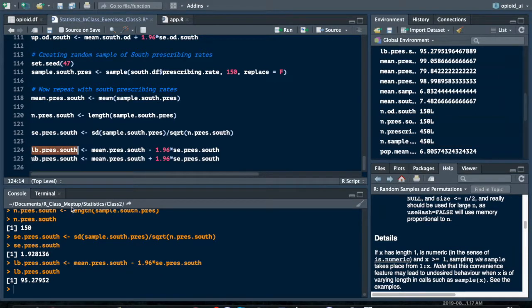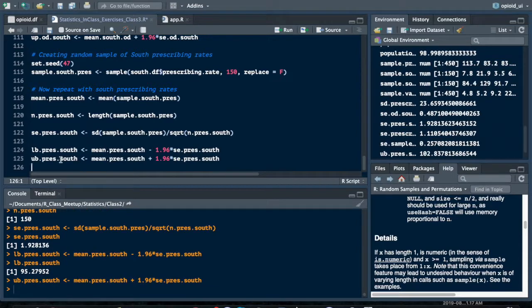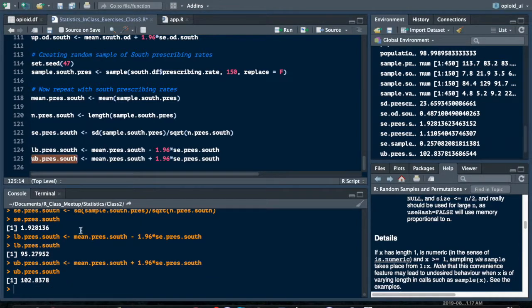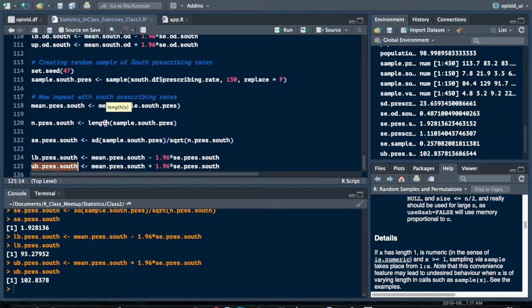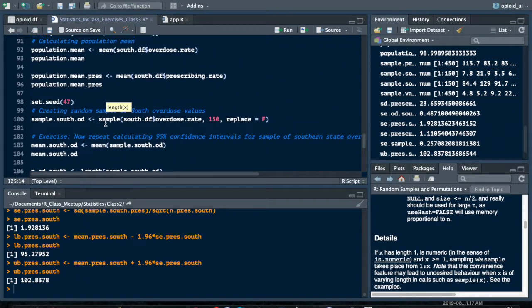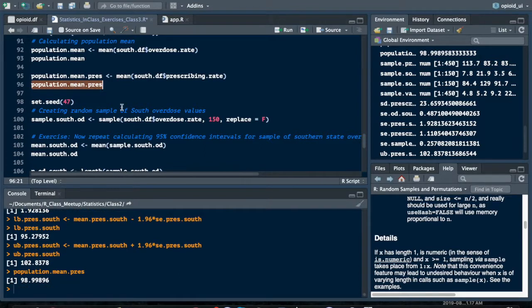In this case, the value is 95.27. Next, we're going to take our mean, add 1.96 times our standard error, which will give us a value of 102.83. So if we go up and print our mean prescribing rates, we're seeing that it's 98.99.